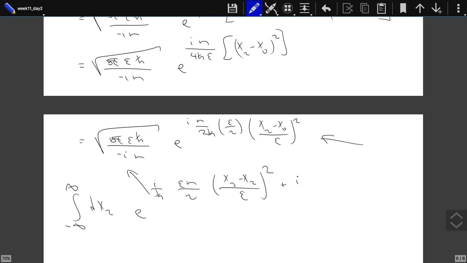i m over 2 h bar epsilon over 2 x2 minus x0 over epsilon squared.